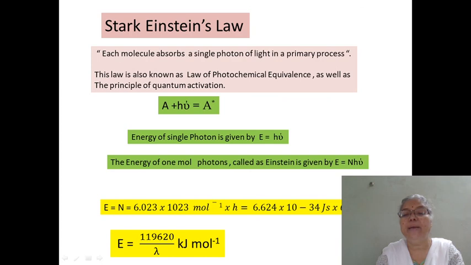Remember that here the value of lambda is in nanometers, and after solving this we get the energy per mole, which is 11,96,000 divided by lambda. Remember that here lambda is in nanometers, and the unit of energy is kilojoule per mole.